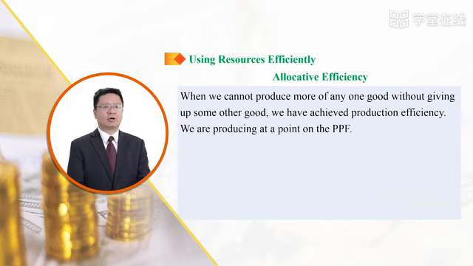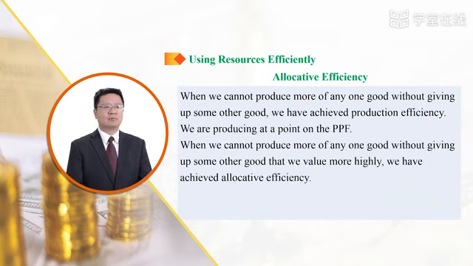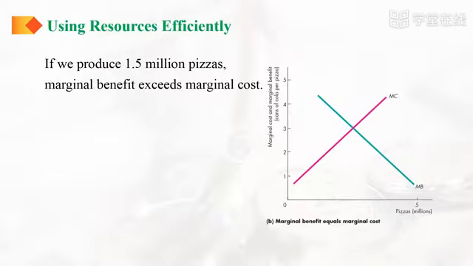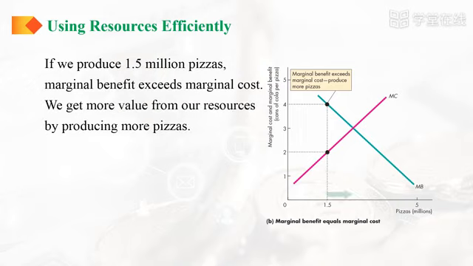At the best point on the PPF, when we cannot produce more of any one good without giving up some other good that we valued more highly, we have achieved allocative efficiency. If we produce 1.5 million pizzas, marginal benefit exceeds marginal cost. We get more value from our resources by producing more pizzas.